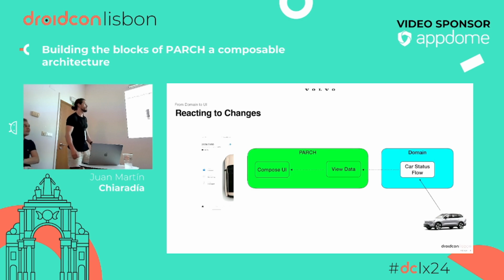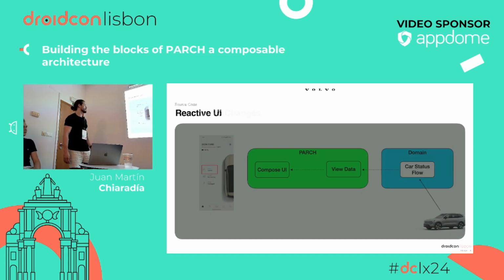Whenever a real-world event happens, we will publish a new immutable status. It will be converted into UI values, and then it will be recomposed. As I mentioned, this is quite straightforward, quite linear. Let's see if that relates to the code base.